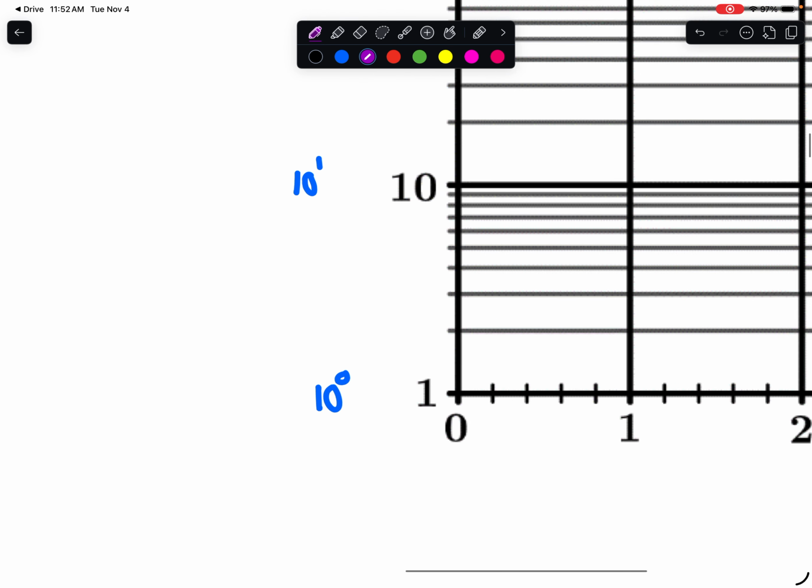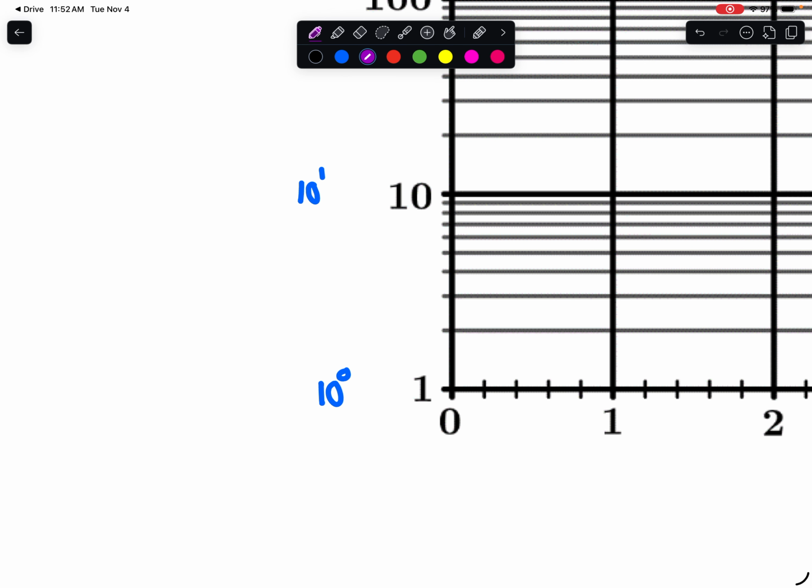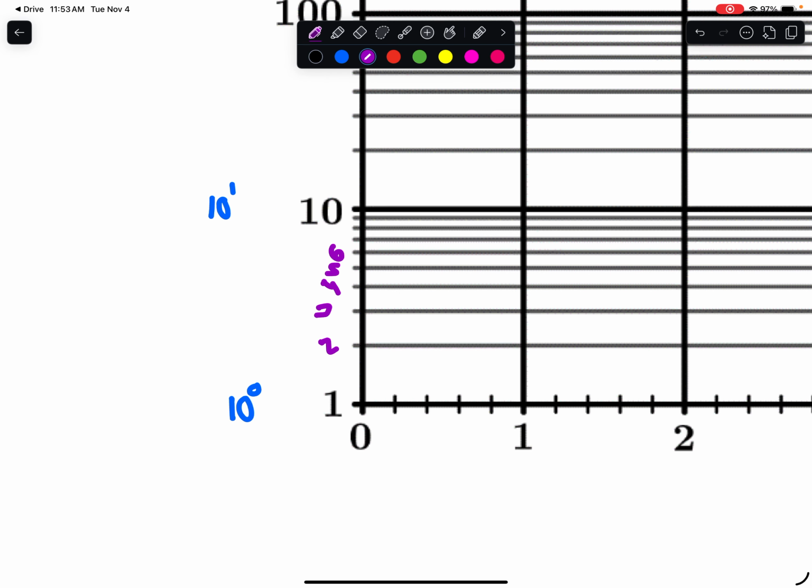All the tiers within this first layer are going to be counting starting at 1. So then we would have 2, 3, 4, 5, 6, 7, 8, 9, and then up to 10. Of course, because of the scaling, they're going to get more scrunched up together as we get closer to the next power of 10. So in this first tier, we're going to be counting by 1.